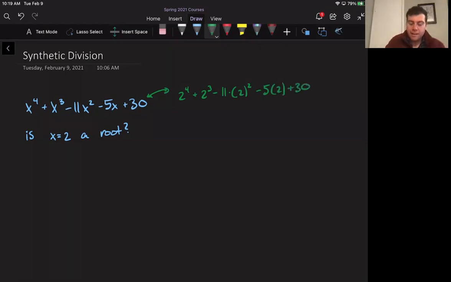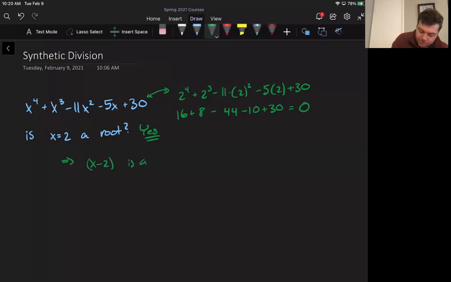And now we'll simplify this. 2 to the 4th is 16 plus 8 minus 44 minus 10 plus 30. And then when you group terms together, it's easy to see that this will become 0. So x minus 2 is a root. And by the remainder theorem, that tells us that x minus 2 is a factor.